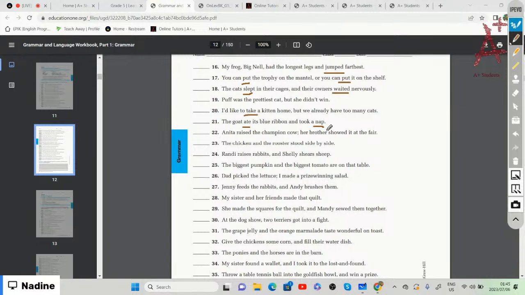We are going to choose the verbs raised and showed. Those are the two verbs.